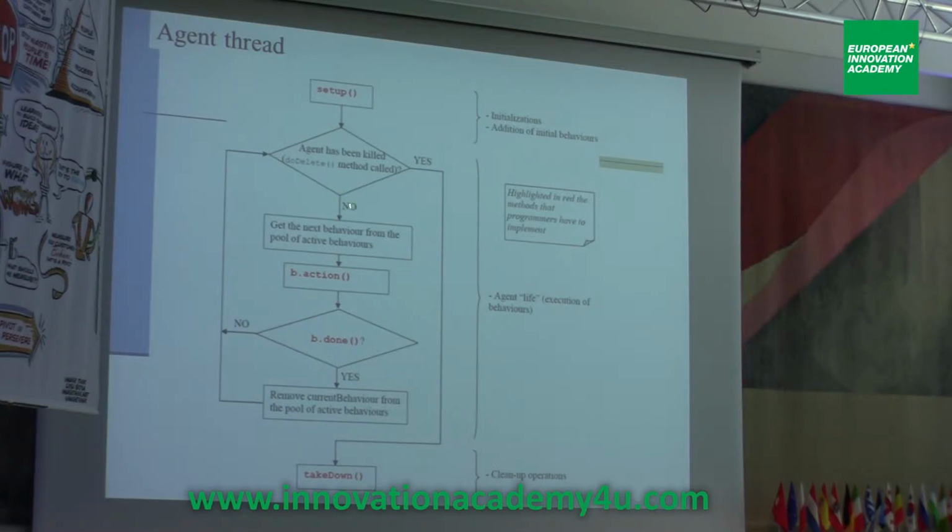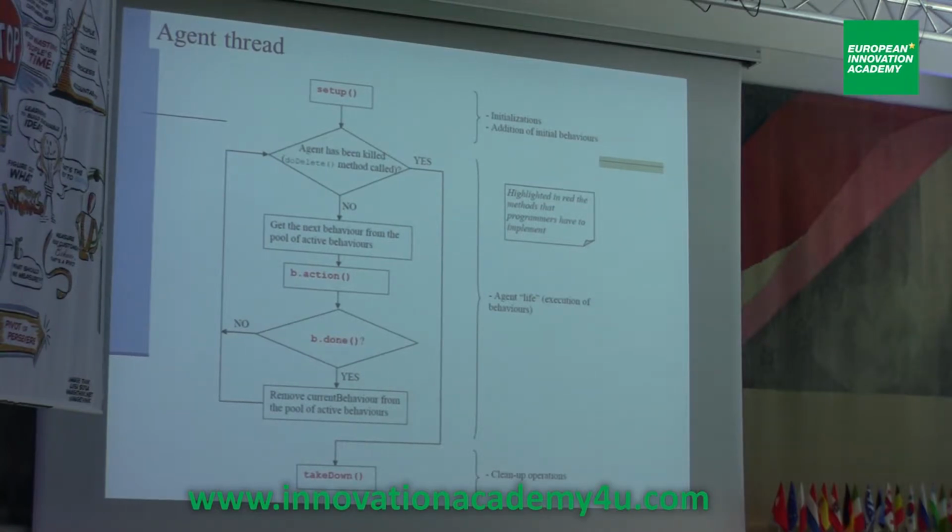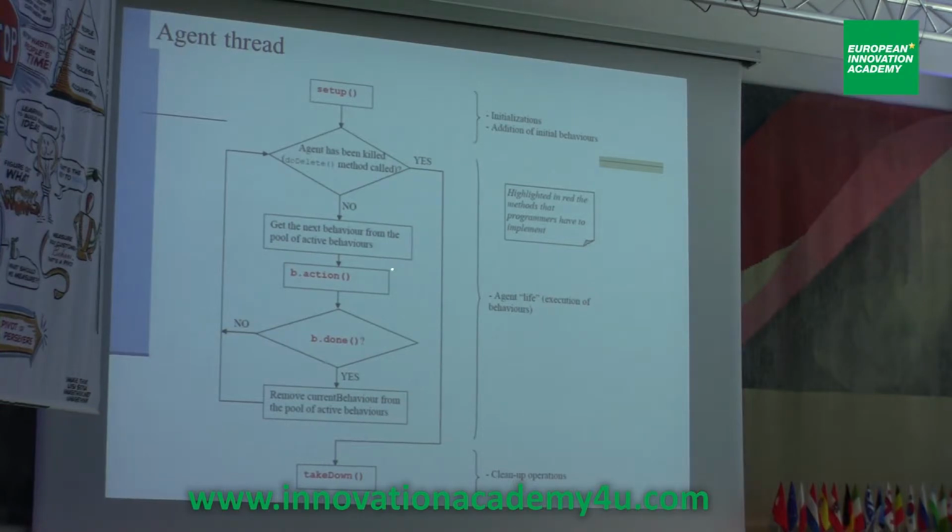Next, the next behavior is retrieved from the pool of active behaviors. So now I'm referring here to the agent as a whole, just one agent, not to individual behaviors, but just how one agent works, how one agent behaves. It is one thread, but several behaviors. And these behaviors are, of course, related to different activities that an agent performs. They may not be related to just one process, but an agent may actually do different things at the same time, may be engaged in different systems at the same time.